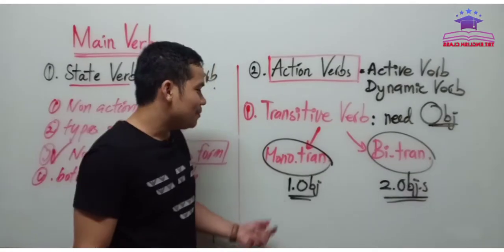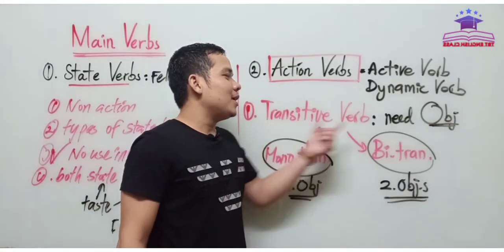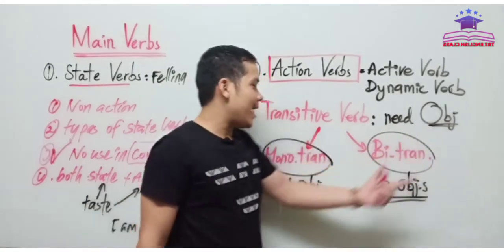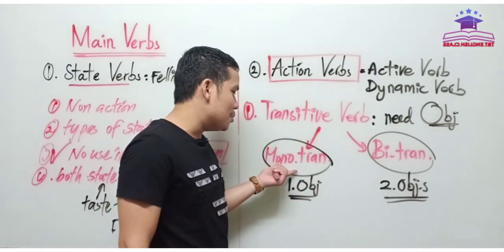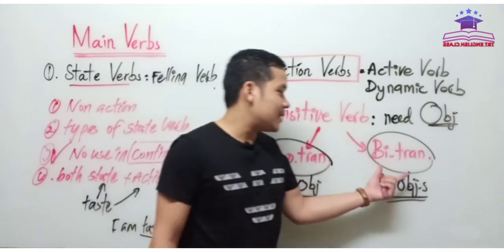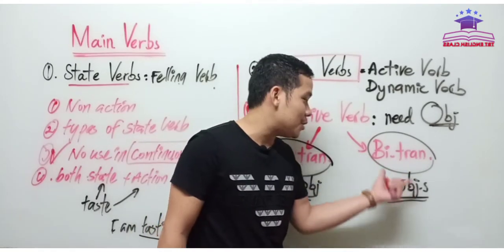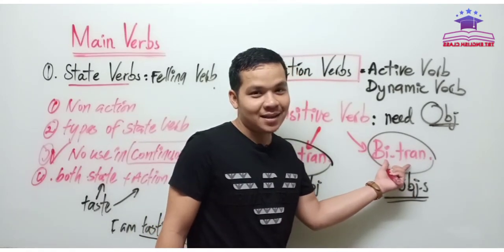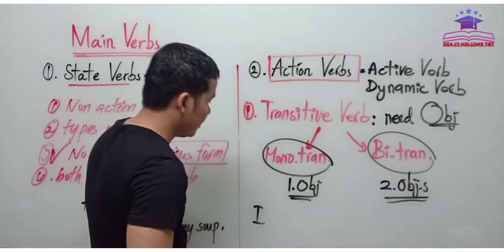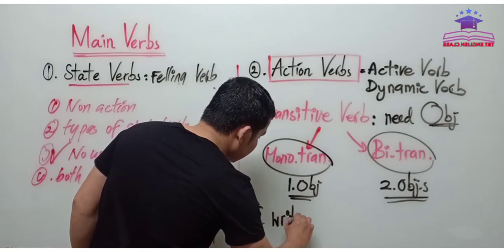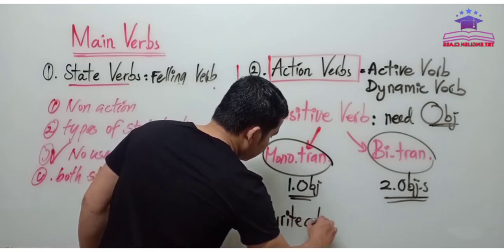Everyone, transitive verb, you know already, is the verb that needs an object. Transitive verb that needs only one object we call monotransitive verb, and transitive verb that needs two objects we call, another way, bitransitive verb. See the example. I write a letter.